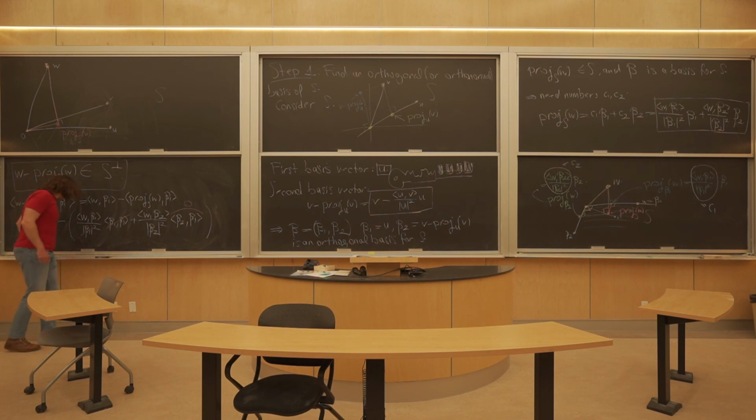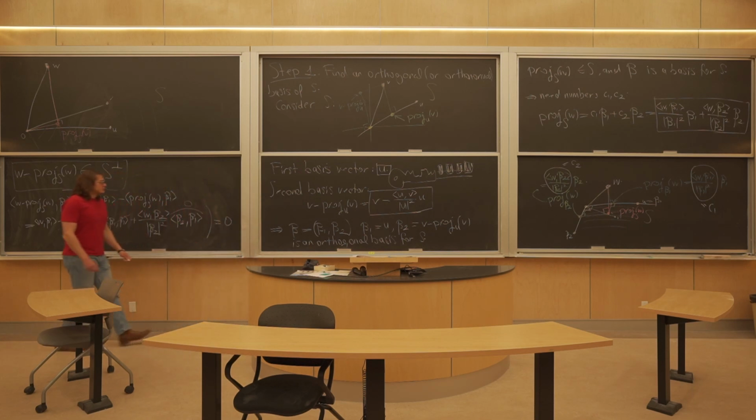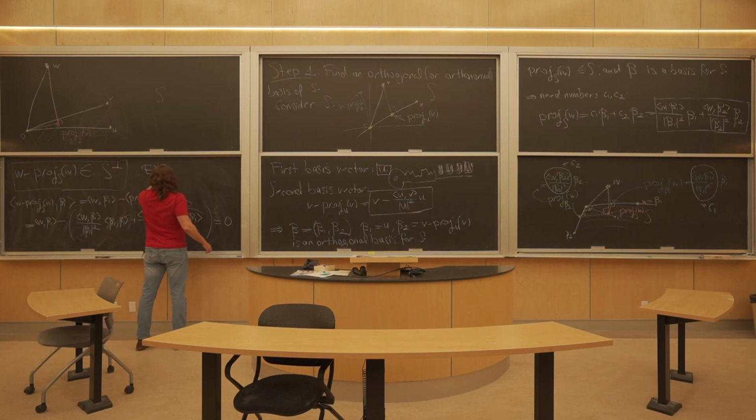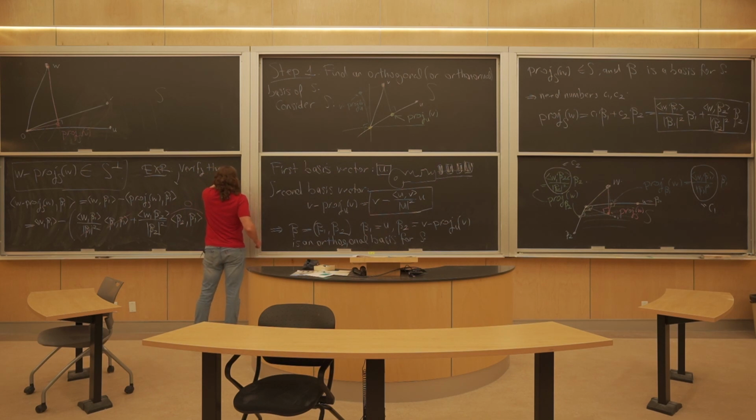So this is 0. Okay? So whatever is left in my vector W is indeed orthogonal to S. So I did this for beta 1, but let me leave it to you to verify the same thing for beta 2.